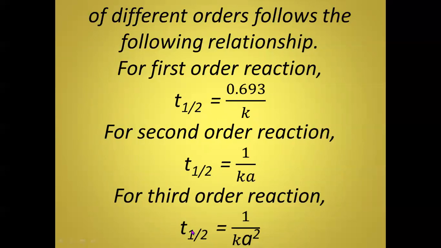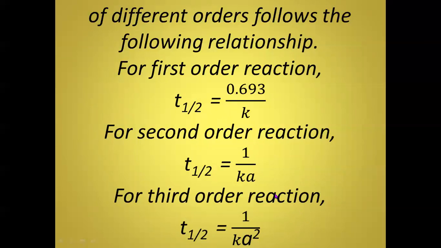And for third order, the half-life period T half is equal to 1 by K into A square, where K is the rate constant of third order reaction, and A is the initial concentration of the reactant.